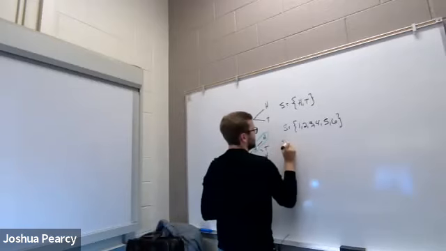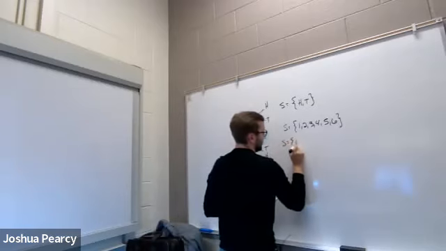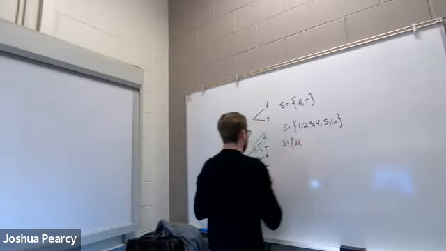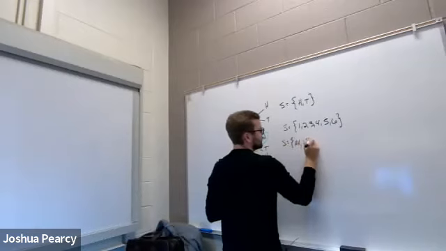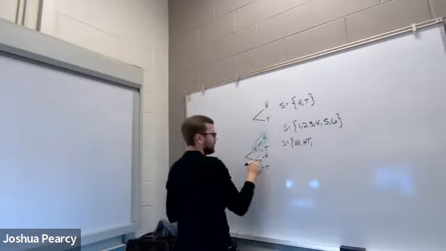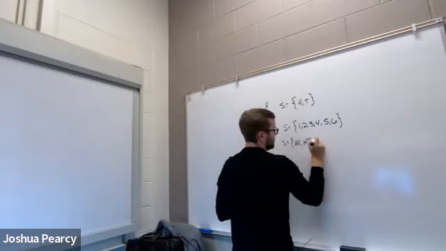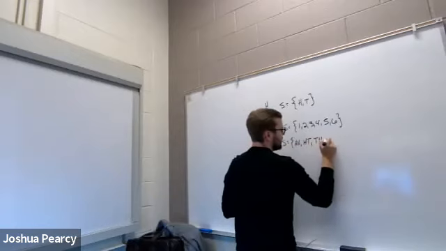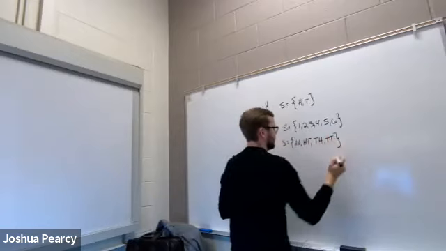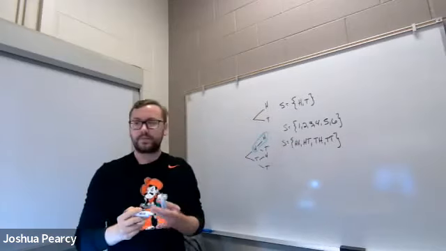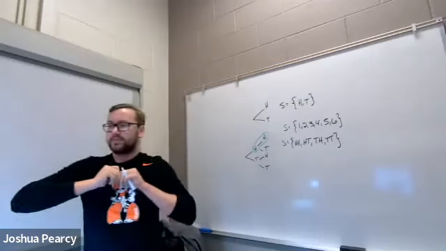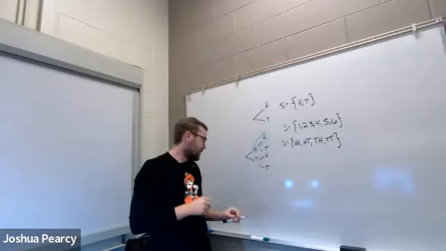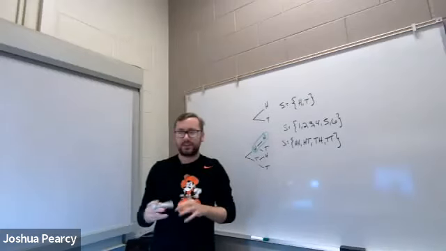So S is a head and a head, a head and a tail, a tail and a head, and a tail and a tail. Everyone understand how I did that? Just tracing along these branches to get those 4 outcomes.